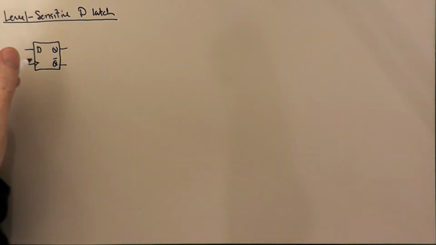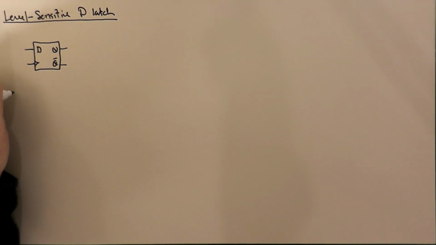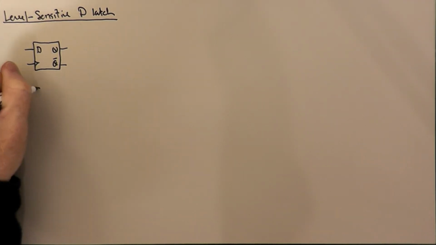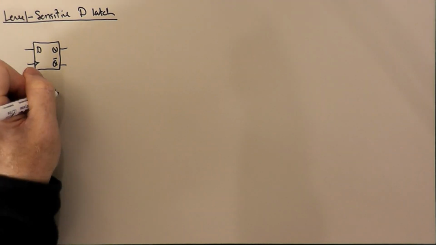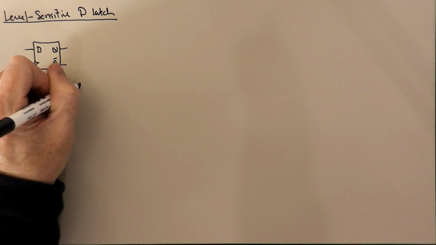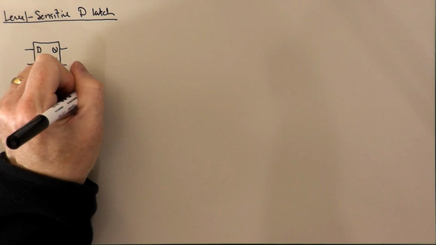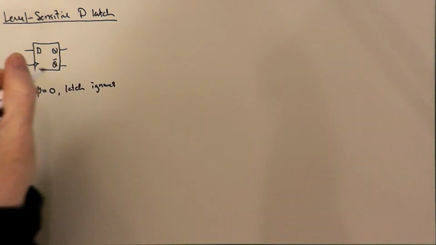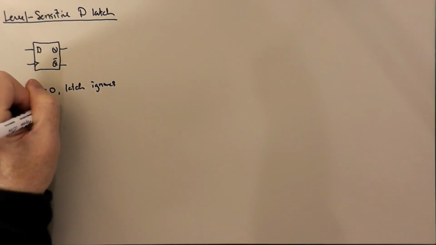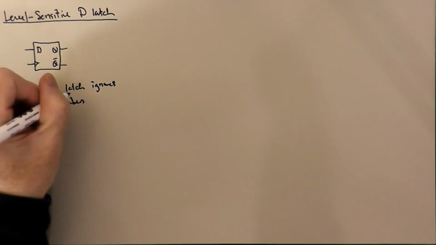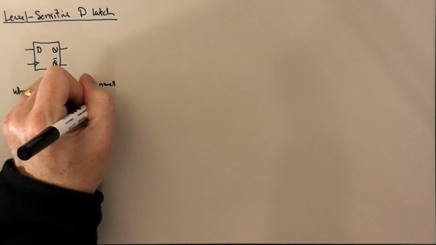And the basic idea was that when clock signal phi is 0, the latch ignores D and remembers its state.